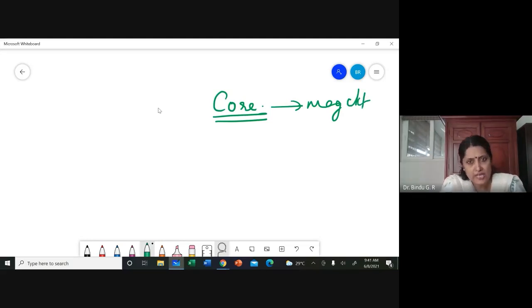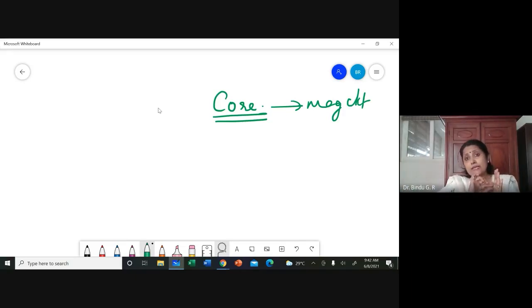So all of you should listen to this point. This is a very significant point, which is not directly written in any book, but you have to remember. If you want electric current to pass from one point to another, you provide an electric circuit and it will be completed.